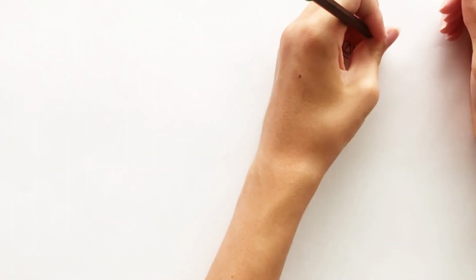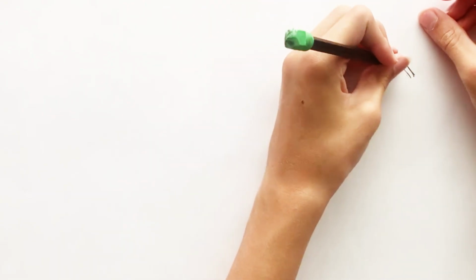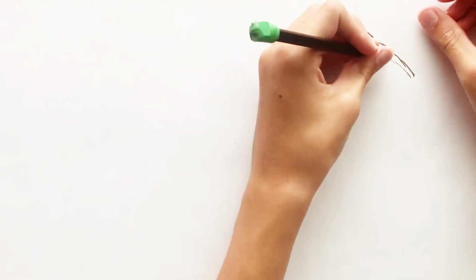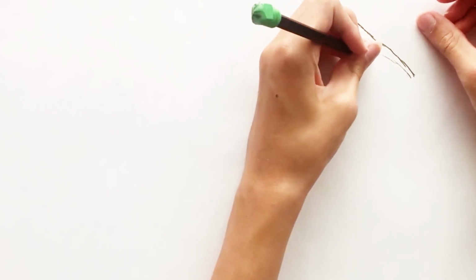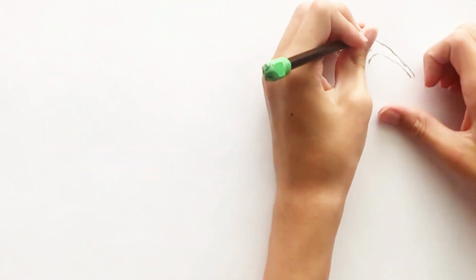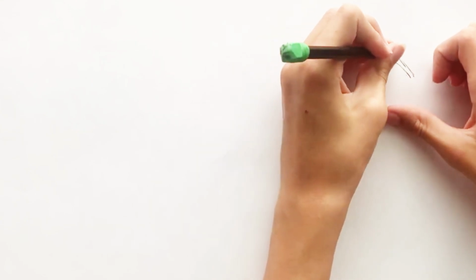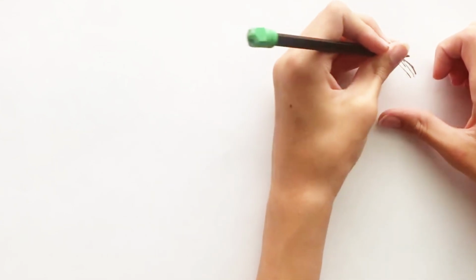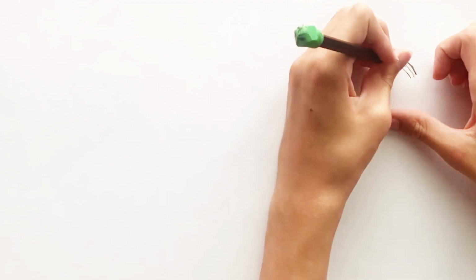And now I'm going to bring this over here. And I'm going to come like that. Also, I messed up there. Just make sure to draw it kind of higher. So just like that.